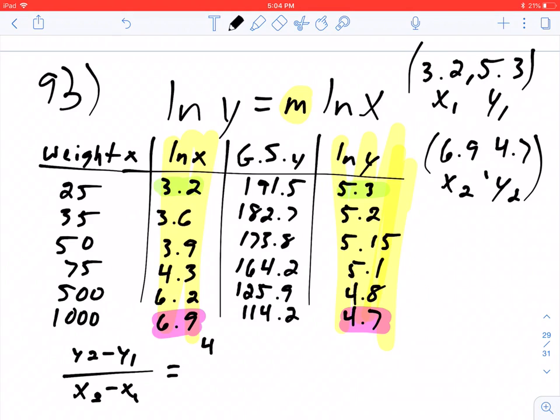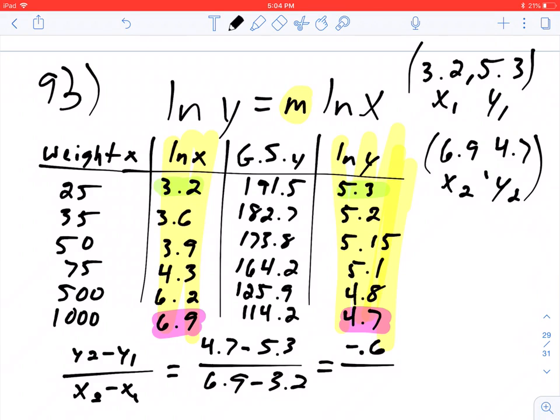So y2 is 4.7 minus 5.3, and then we're going to have 6.9 minus 3.2. When we do that, we end up with negative 0.6 on the top and 3.7 on the bottom.